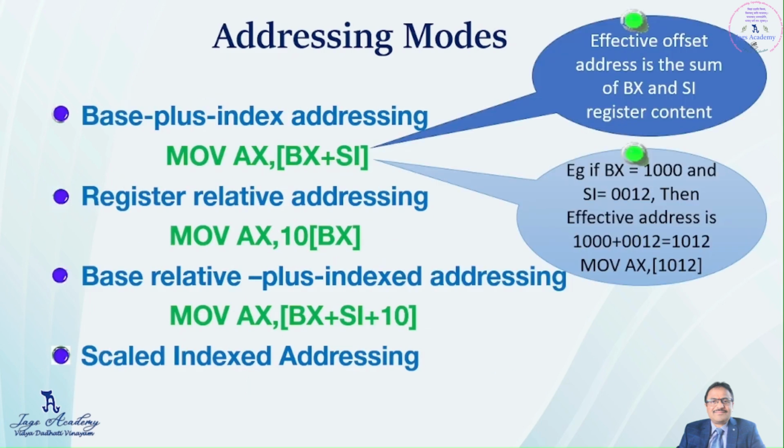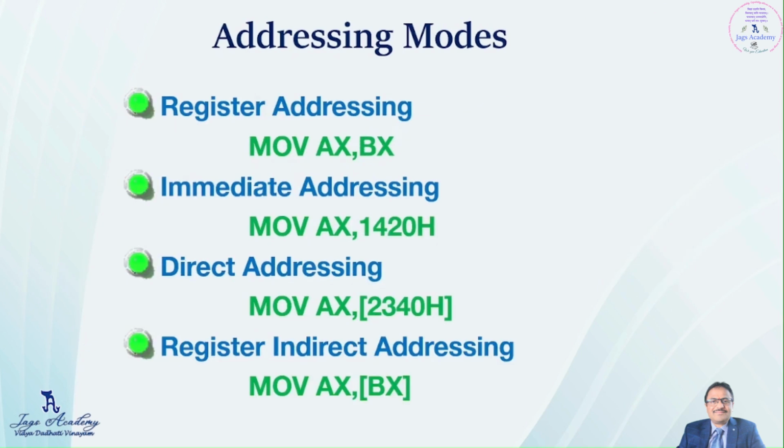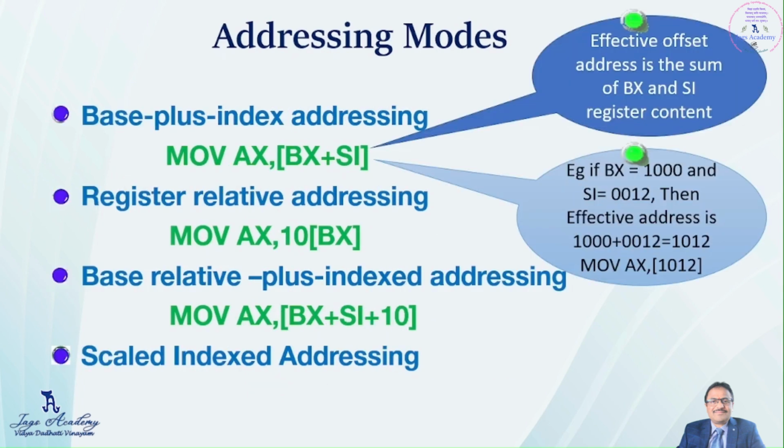We have other addressing modes which are similar to this indirect addressing mode. Previously, you said your address is available in the BX register. Now next, if you see, where is your address available?